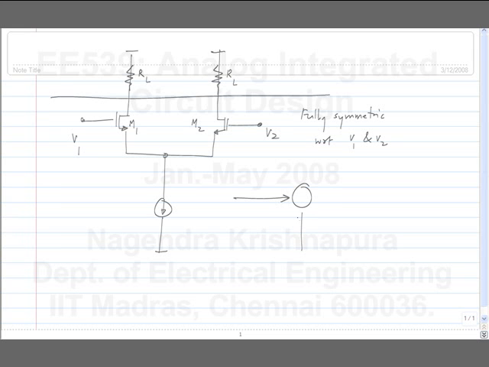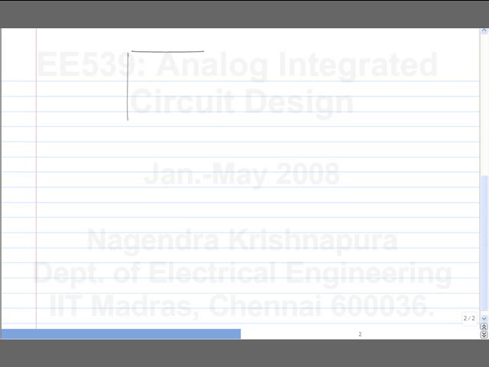So one of the things that we want from a block like this, this is just a block diagram, and this gives me V1 minus V2. Now, when you make a circuit implementation of this, V1 is some voltage with respect to ground, and V2 is another voltage with respect to ground, and we have a certain output voltage or current.